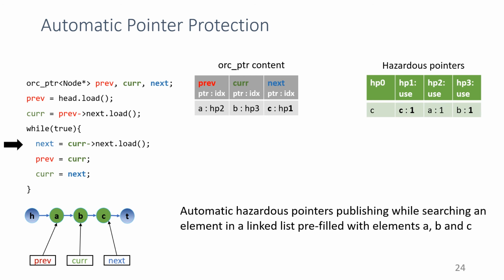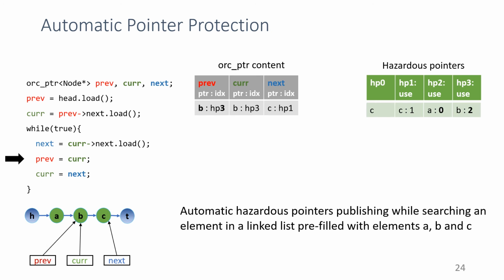Now it must search a position for next, because next at HP3 has a pointer, and it was used by 2 local references. So now C is published in HP0 and then copied to HP1.